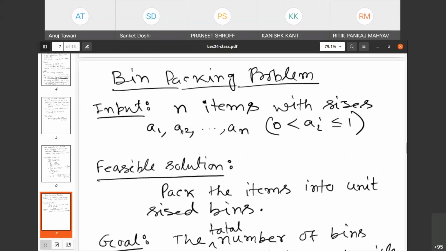Because each document will have different printing times depending on their size, and you want to print all of them within, let's say, 1 hour. So you want to run each printer for 1 hour and print all of these documents.